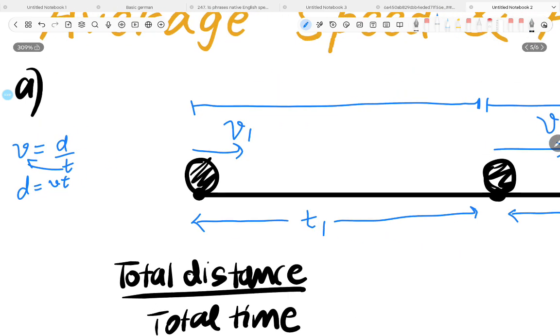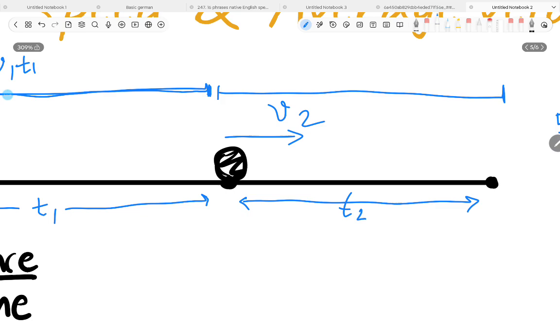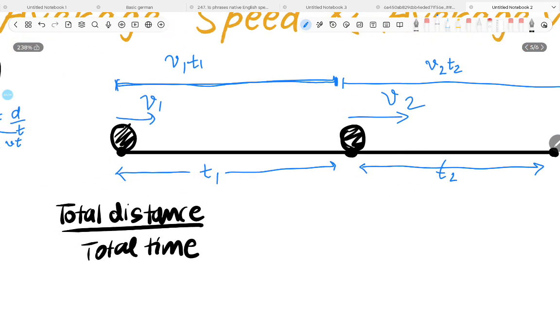Now how am I going to find the distance for this part? My distance is going to be v1 into t1, and for this part my distance is going to be v2 into t2. Now to get the total distance, I can just add them. Yes, you can definitely add them, they have the same dimensions.